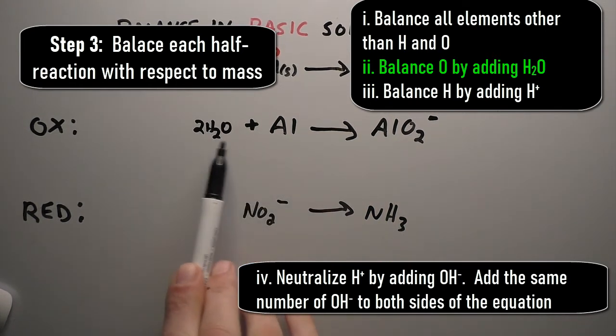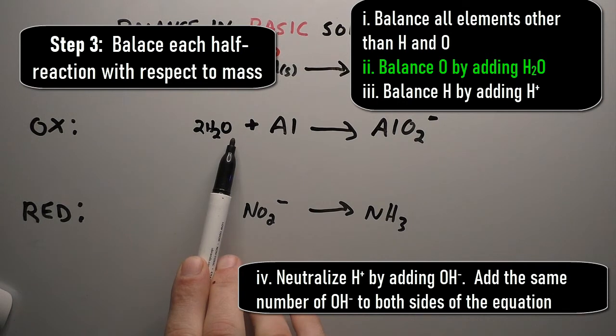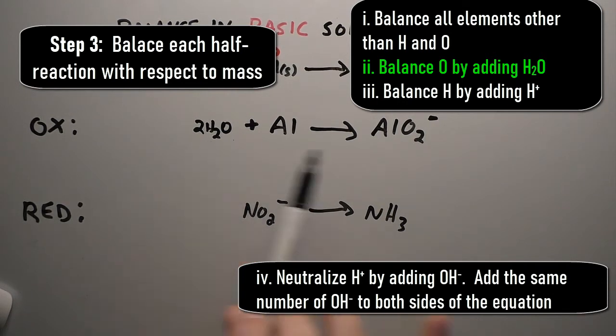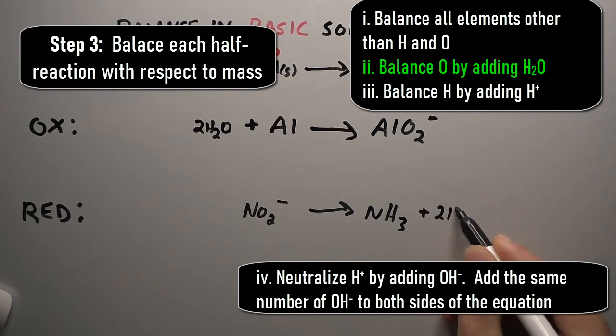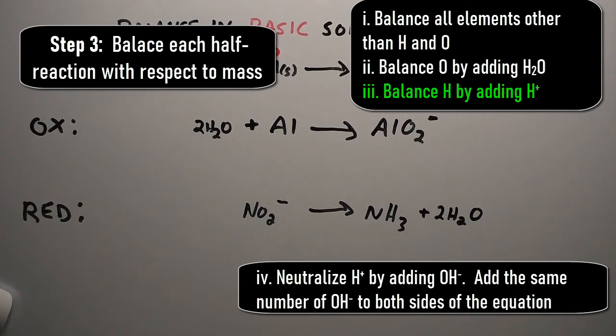Because 2 times the understood coefficient of 1 here for this oxygen is 2 oxygens. So oxygen is now balanced with our oxidation half reaction, and by the same logic we're going to add 2 waters over here, right? We have 2 oxygens over there, we needed 2 oxygens over here, and so we add 2 waters. So the next one is to balance hydrogen by adding H+.